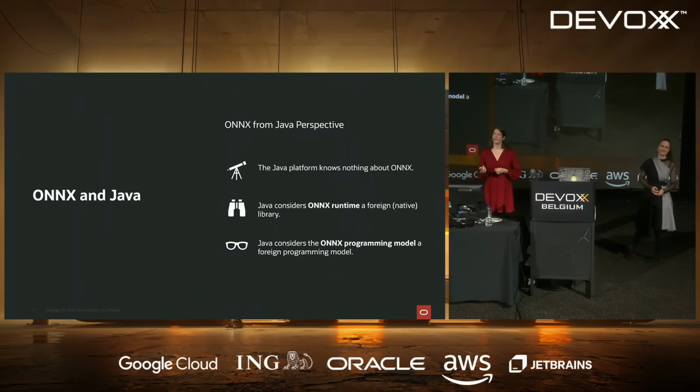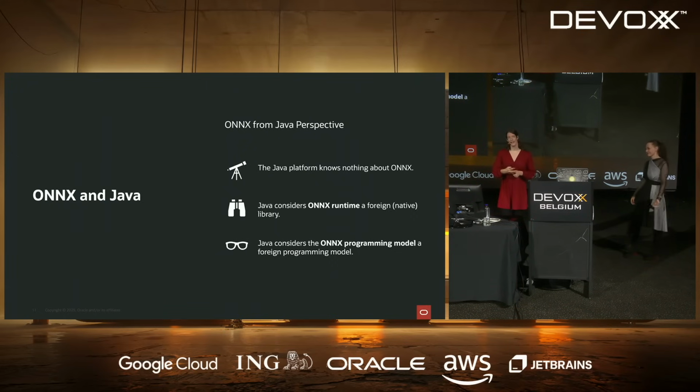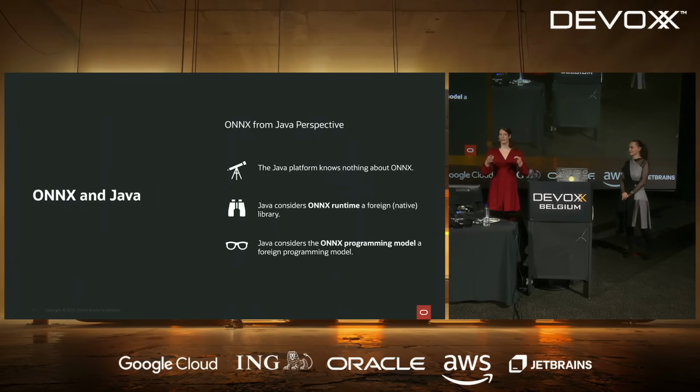We have Project Panama's foreign function and memory API that does just that, allowing us to talk from Java via bindings to native runtimes or native libraries. That's what we're going to do here. But the ONNX format is also foreign to Java, so we say it's a foreign programming model, and we're going to look into how to appropriate that in Java as well.